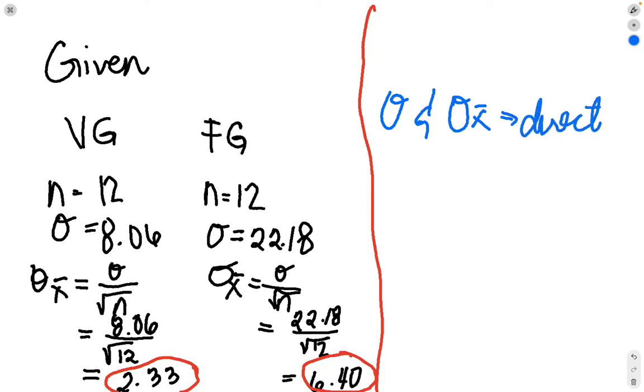What does it mean by that? When your standard deviation is increased, your standard error of the mean is also increased. Conversely, decreasing your standard deviation would decrease your standard error of the mean. On the other hand, if you look at your formula, the relationship of your standard error of the mean and your sample size is indirect. This means that if your sample size increases, your standard error of the mean will decrease.